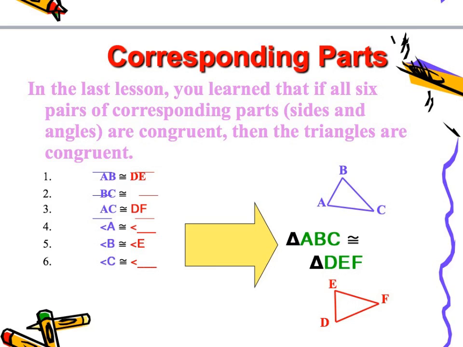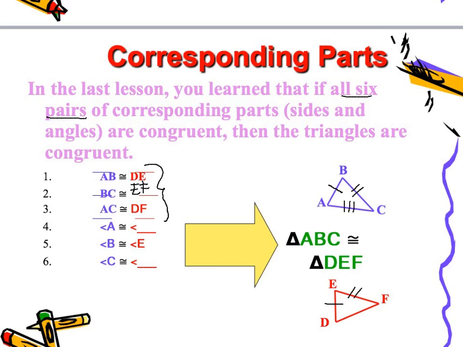We also learned in the last lesson that there are 6 pairs of corresponding parts. There are 3 sides. So right here, these are the sides. AB, I'm going to mark these. AB is congruent to DE. BC is congruent to EF, so I'm going to fill that in right here.